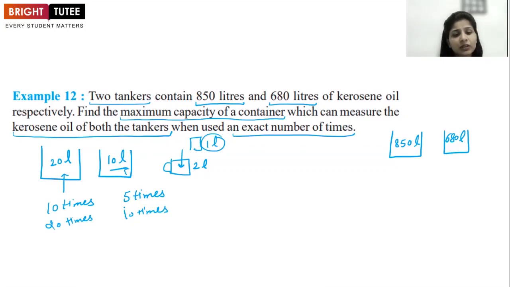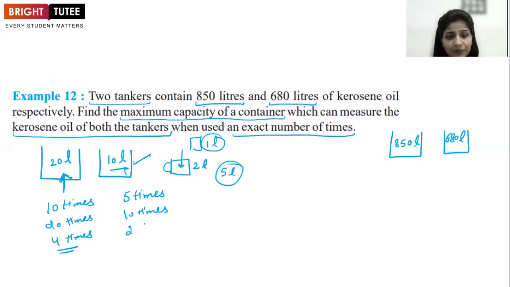What about 5 liters? If I take a 5 liter container, then I will fill 4 times from this one, 5 fours are 20. 5 liter, 5 liter, 5 liter and 5 liter, all 20 liter will be consumed. Similarly, from here it will be 2 times, and exact number of times you observe.